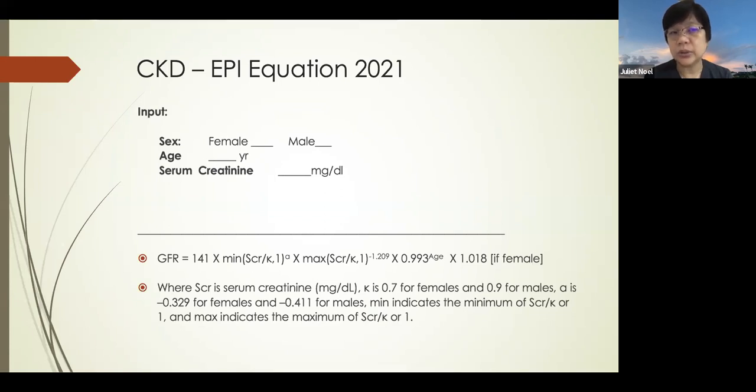So now the CKD-EPI equation of 2021 was published in September of 2021. Then the majority of the experts are now recommending to use the CKD-EPI equation 2021 to estimate the eGFR of a patient.